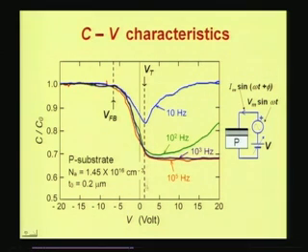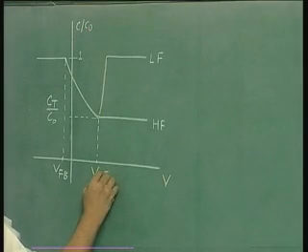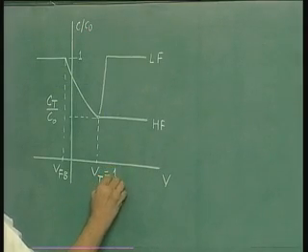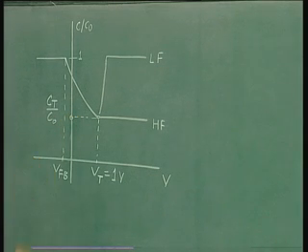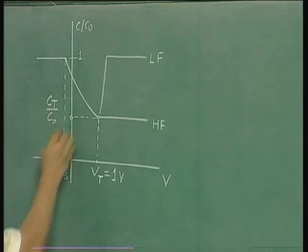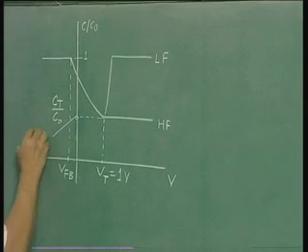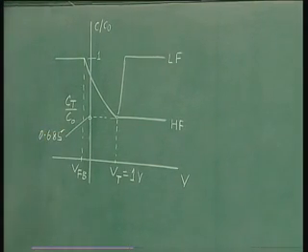Now this threshold voltage is approximately about 1 volt. So let us mark those points here. So we want to explain why this is 1 volt and why this value, which is Ct by C naught, is 0.685.